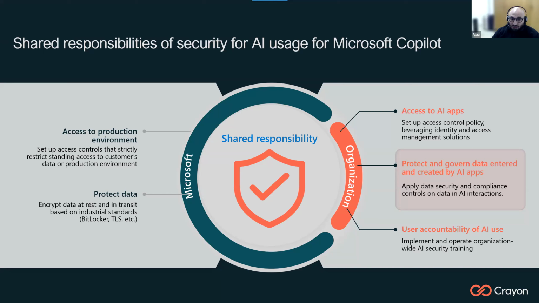Lastly, conducting employee training to ensure users are using Copilot responsibly is critical. Today in this presentation, we'll show you how to control the usage of AI applications and help you to protect and govern the data within the interactions.